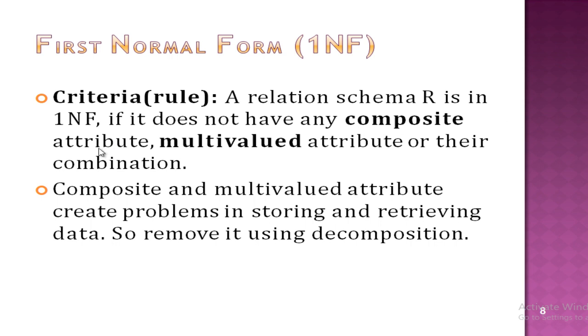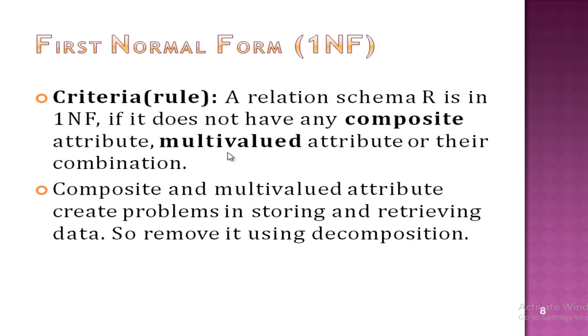We can see the address, right? So address is a composite attribute, which is a combination of multiple columns. Multi-value attribute, that means what?